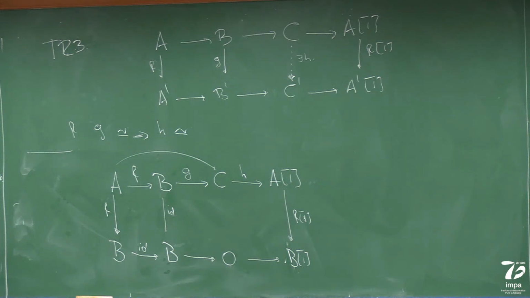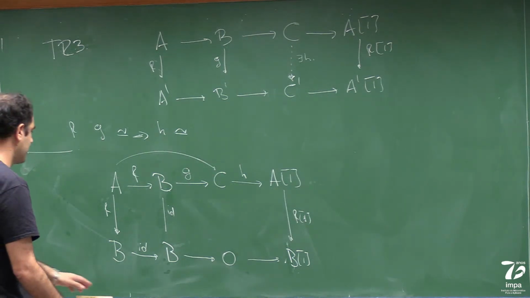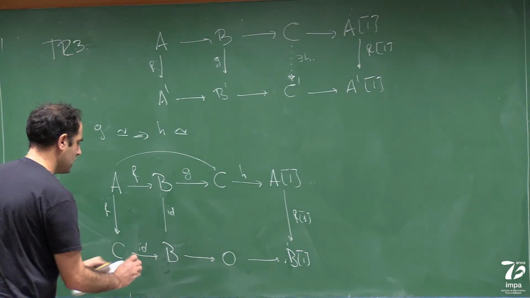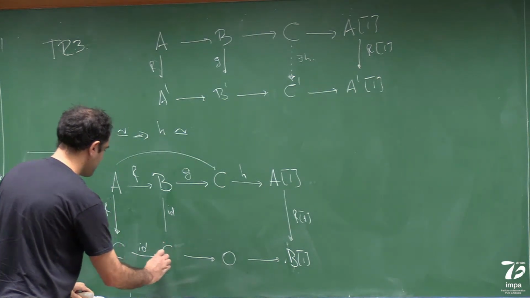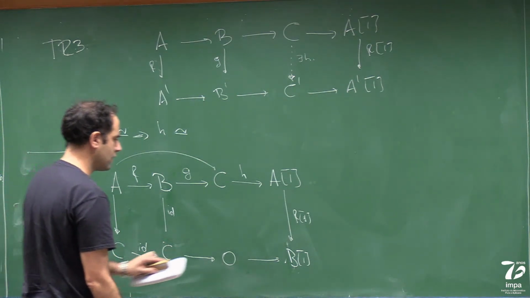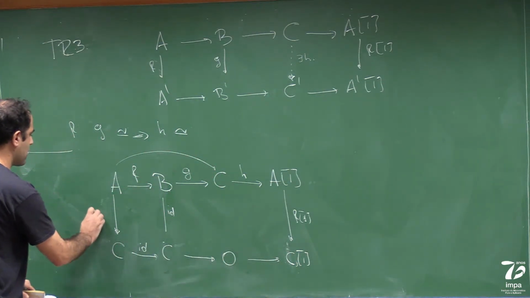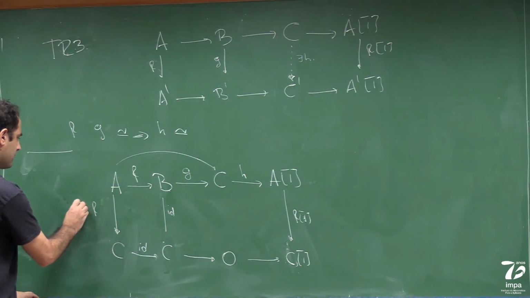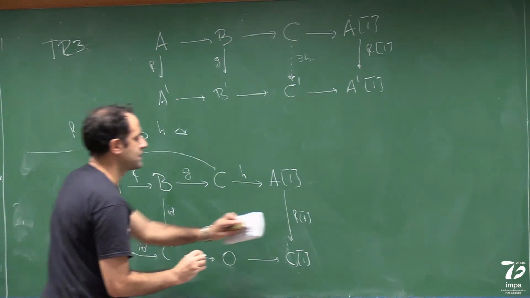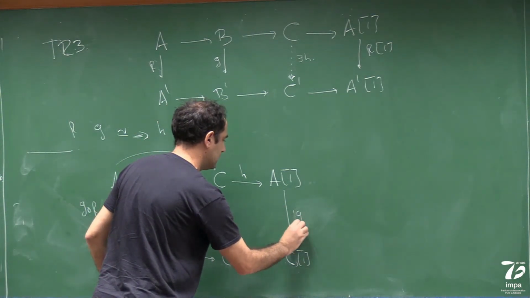Let's take, okay, so probably what I can do is take here C, here C, 0, and this is C shifted by 1. So here is F composed with G. Here is F composed with G shifted by 1.